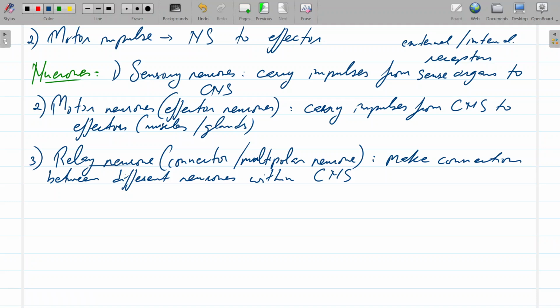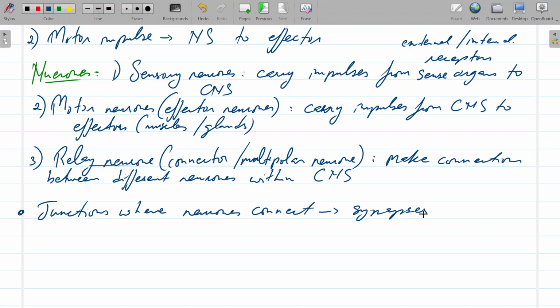And then there are junctions where the neurons connect, and those are called synapses. We'll talk about synapses later. Just mentioning that.